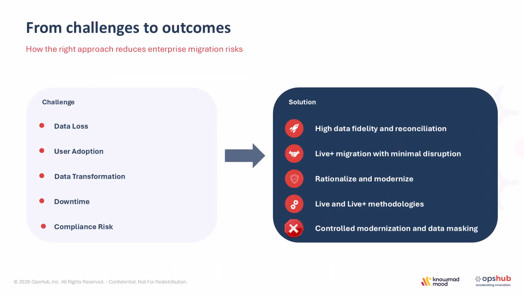So if you look at it, by using OpsHub approaches to migration, we can eliminate data loss. Some of the challenges which exist with traditional migration are data loss, user adoption at scale when you're talking about thousands of users. How do you train and educate them? The transformation, the cleaning up to be able to leverage the data.